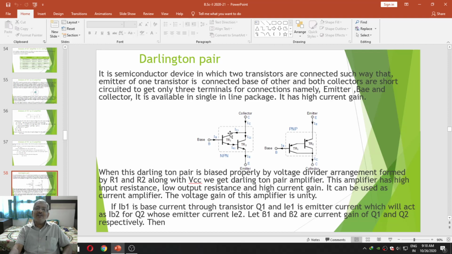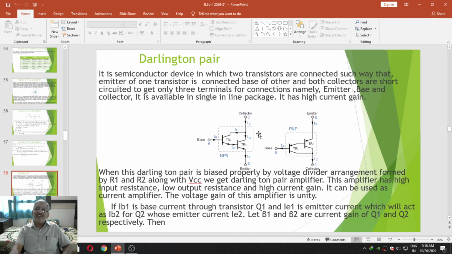The collector of transistor 1 is connected to the collector of transistor 2, and it is named as a common collector terminal. Thus, this pair has only three terminals for the connection: one is the base, second is the emitter, and third is the collector. So that's why it is called a Darlington pair.